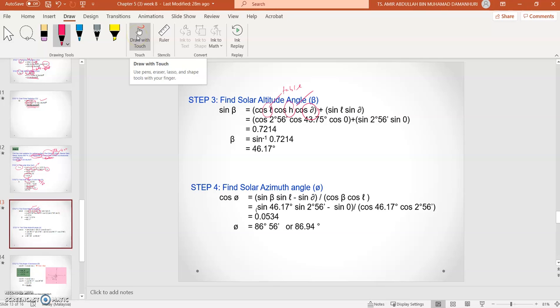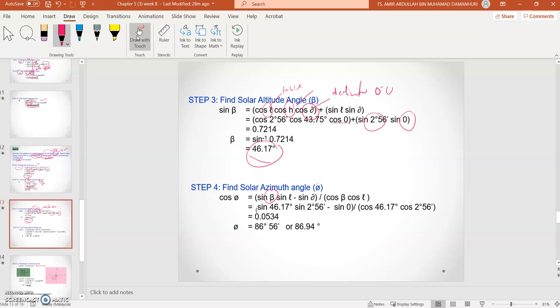Looking into the table for September, the declination is 0.0, so cos is 0 here, cos L is the same, and sin of the declination is 0 here. So the beta value is 46.17 here.